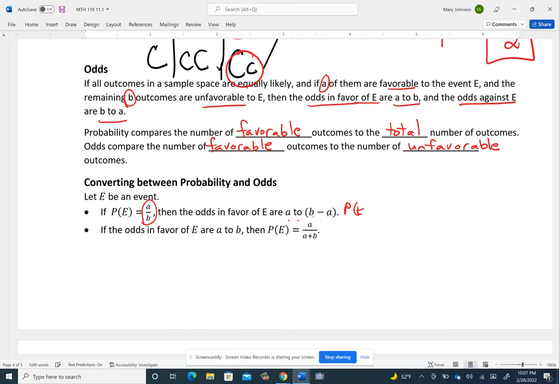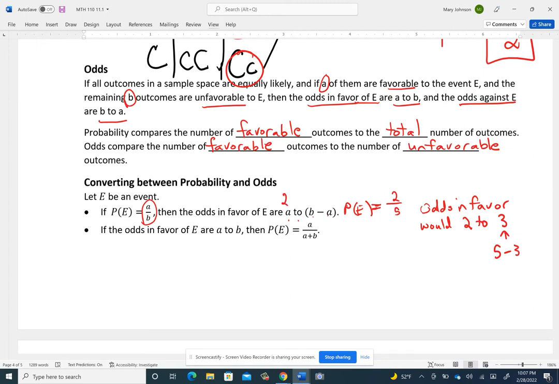So if the probability of some event was 2/5, and you need to get the odds in favor, the odds in favor would be 2 to 3. And the way the 3 came about is we took 5 minus 3.